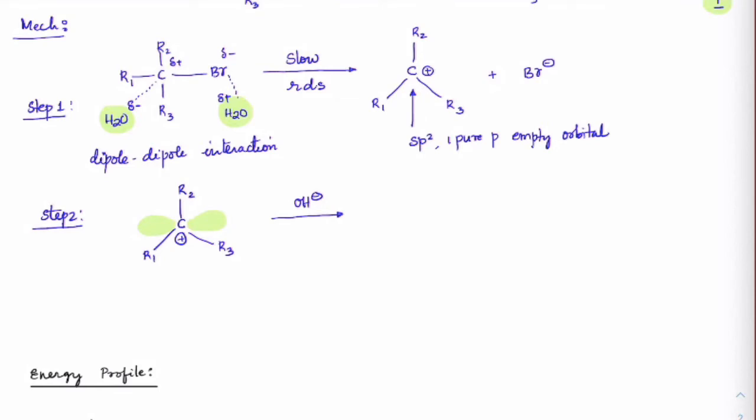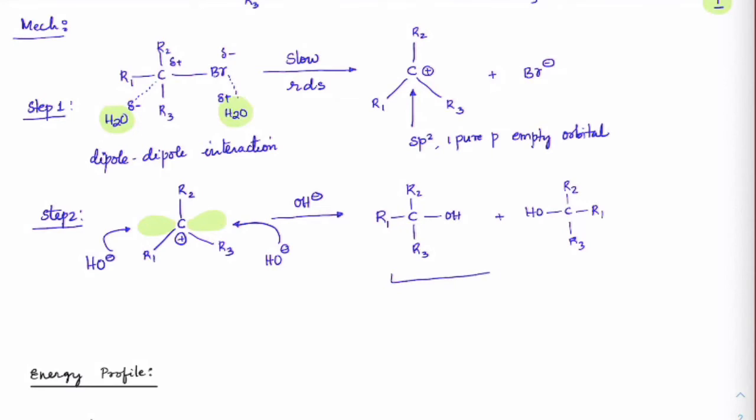HO minus, if it is present sufficiently, is a stronger nucleophile. So we would see OH minus will attack. But since both lobes have the same amount of reactivity, it can attack from both ends, and you can have products like this: R1, R2, R3 and OH, plus HO, R2, R3, R1.